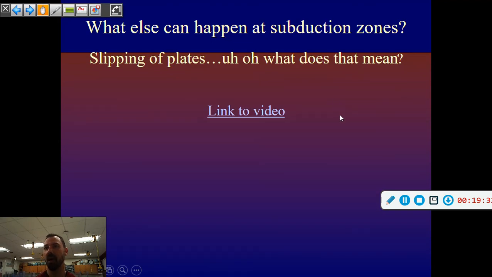Okay, what else can happen at subduction zones? Watch this video. You'll see the slipping of plates. And what does that mean? Well, slipping of plates in a subduction zone is going to cause the movement of the water. As a result, you can get large waves. The waves are as big as from the ocean bottom to the top of the water.